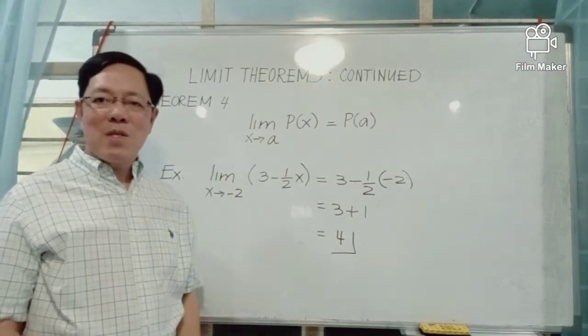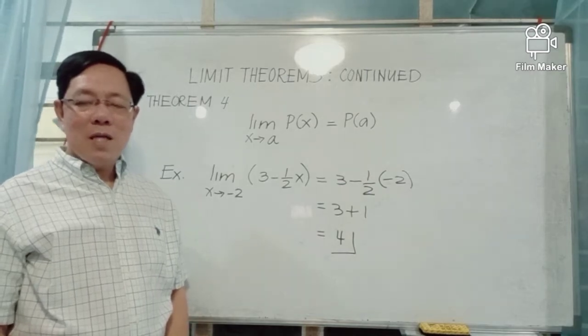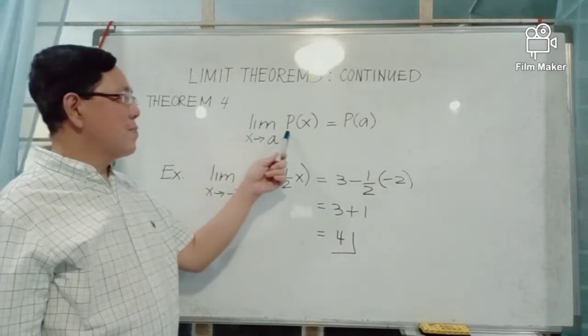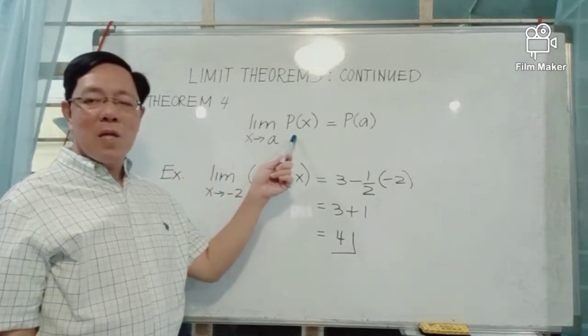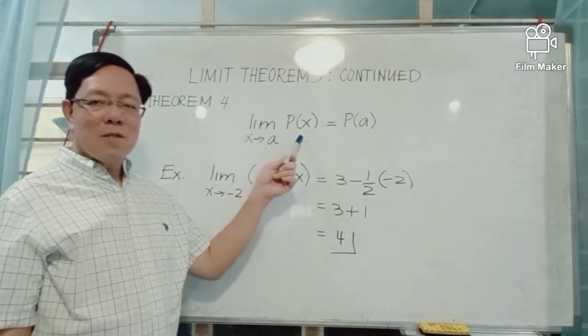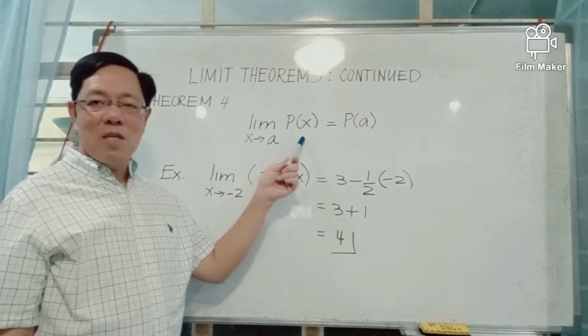In the third limit theorem, we have a linear function in the independent variable x. But in limit theorem 4, our function now is a polynomial function in the independent variable x. So the exponent of x here can be 1, can even be a constant.